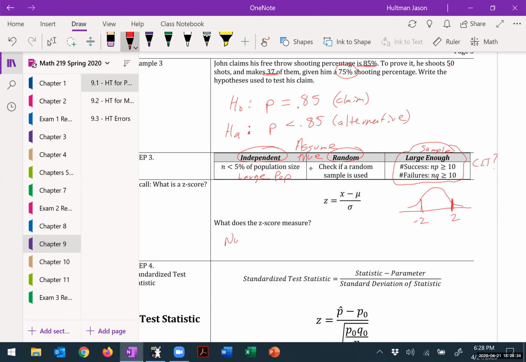Well, it's the number of standard deviations away from the mean.